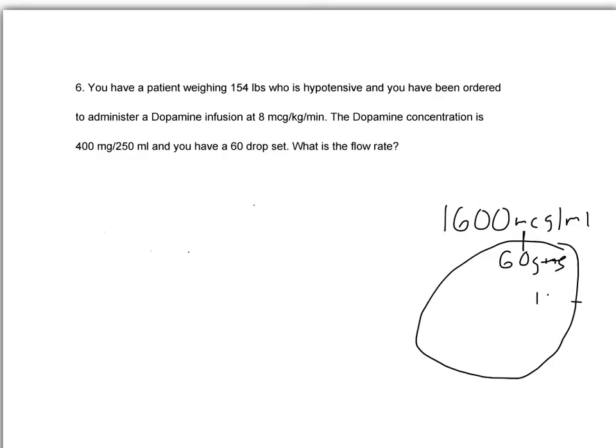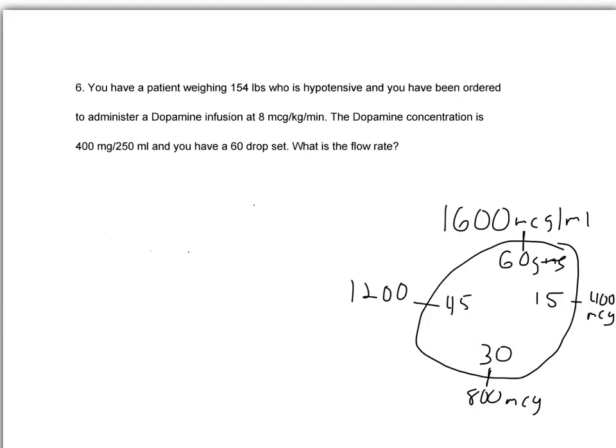So then 15 drops would be 400 micrograms. 30 drops would be 800 micrograms. 45 drops would be 1,200 micrograms.